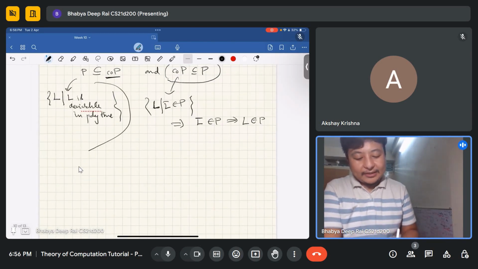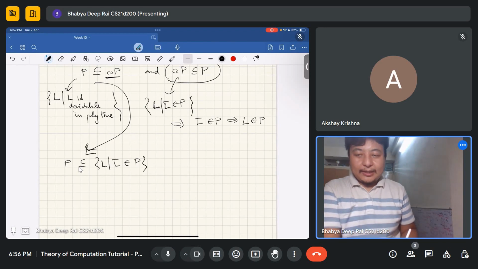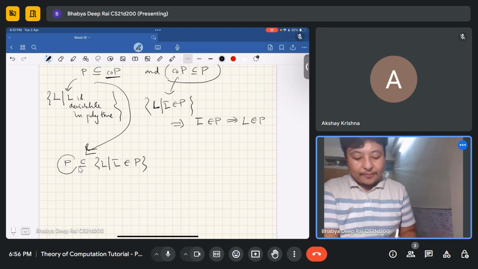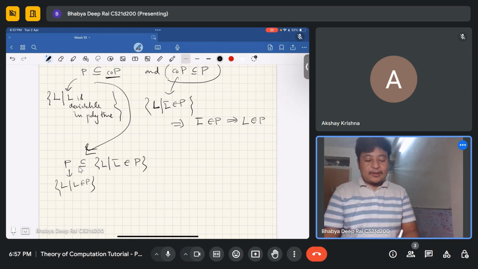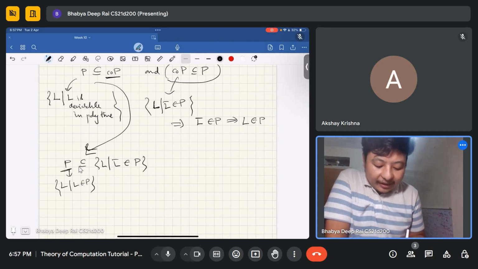Similarly, if you look at this, you want to show that P is contained in the set of L such that L bar is in P. Which means any language in P, that is, L such that L is in P, and we are saying both of these are equal.